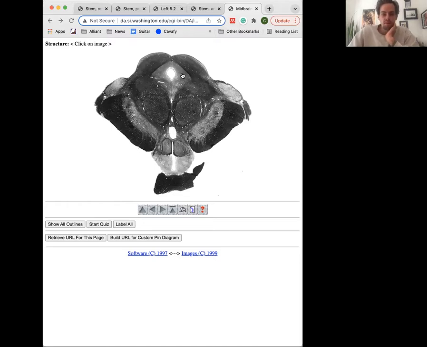The periaqueductal gray matter consists mostly of cell bodies of neurons that surround the cerebral aqueduct. And the cerebral aqueduct here is traveling from the third to the fourth ventricle.